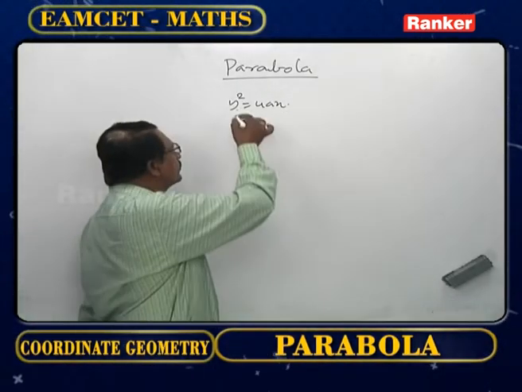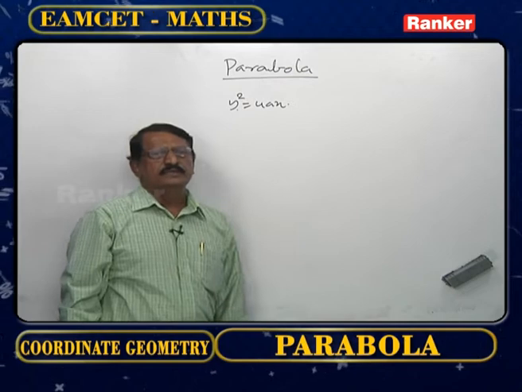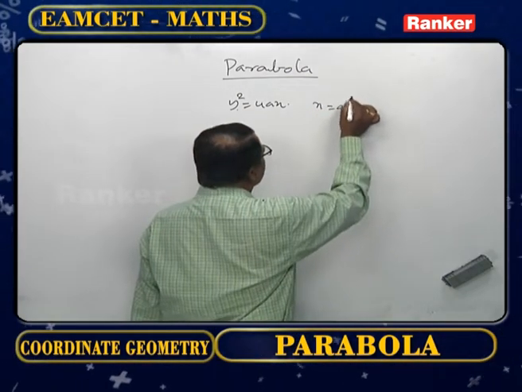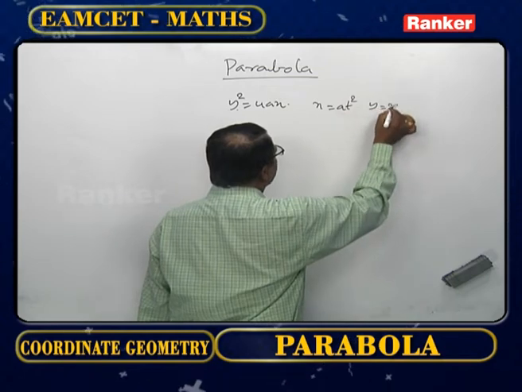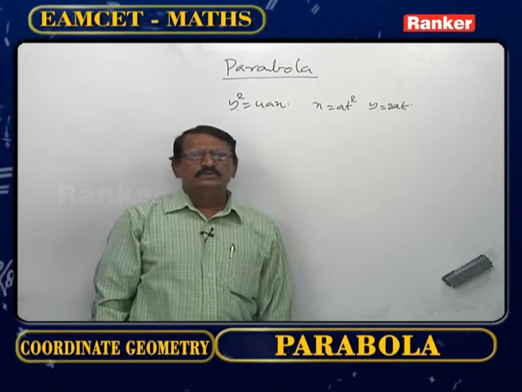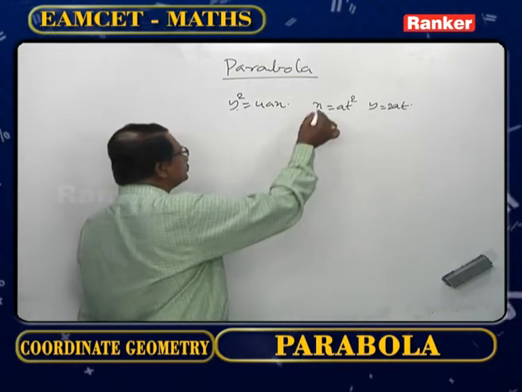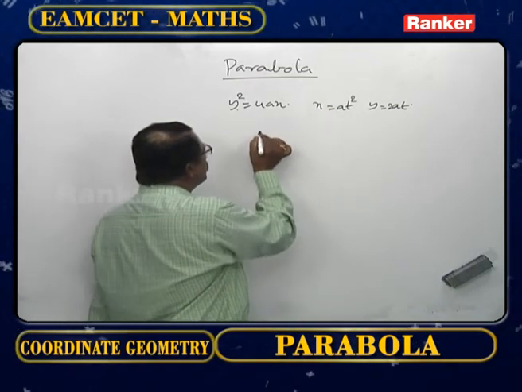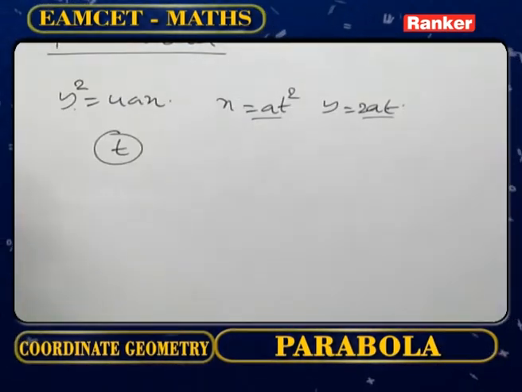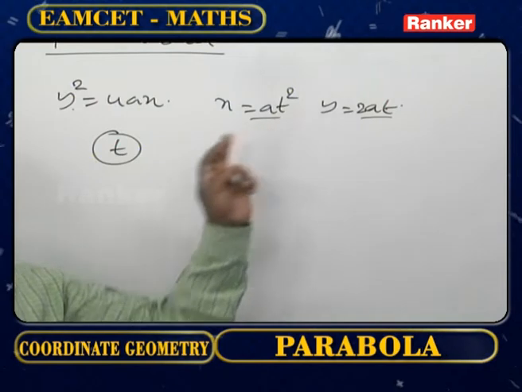Next, for the parabola y² = 4ax, its parametric equations are x = at², y = 2at. At the point t, we have (at², 2at).